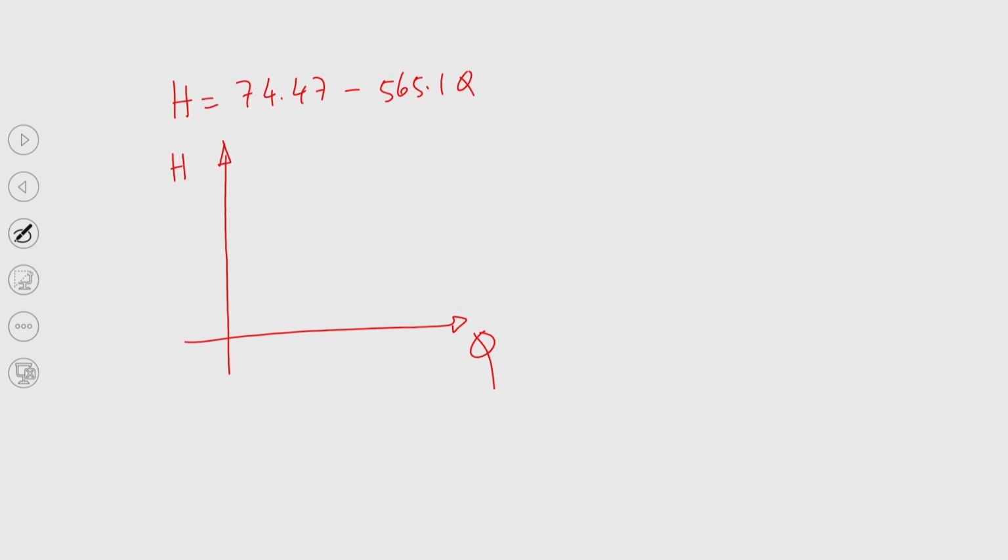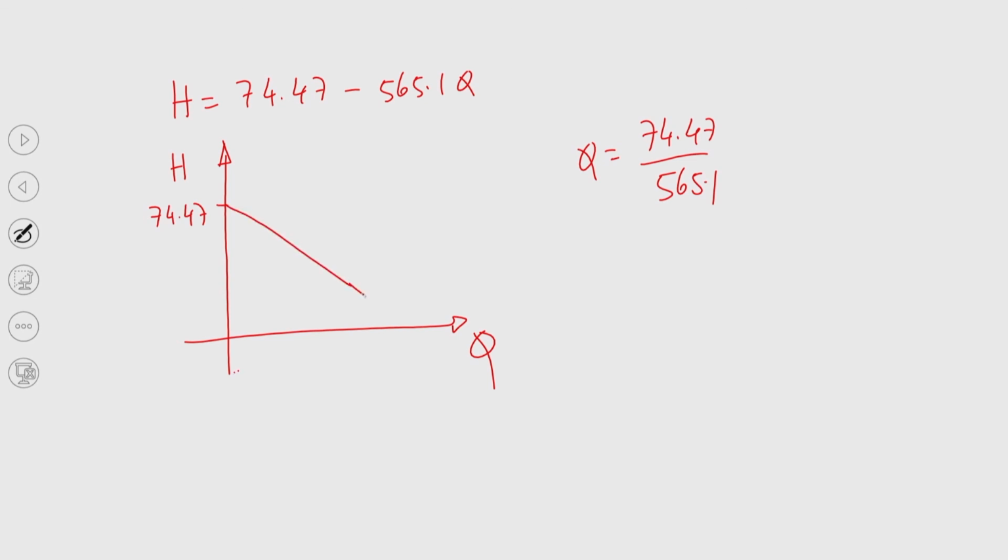If we try to plot this relation in the h-Q plane, this is h, this is Q. Understand, when Q equal to 0, h is 74.47. So, this is 74.47, and when h equal to 0, Q equal to 74.47 divided by 565.1. So, the curve will be like this.